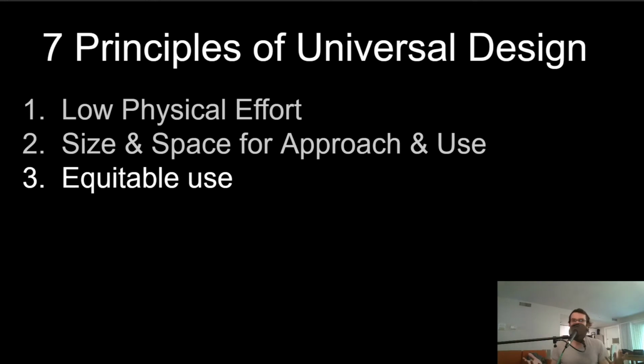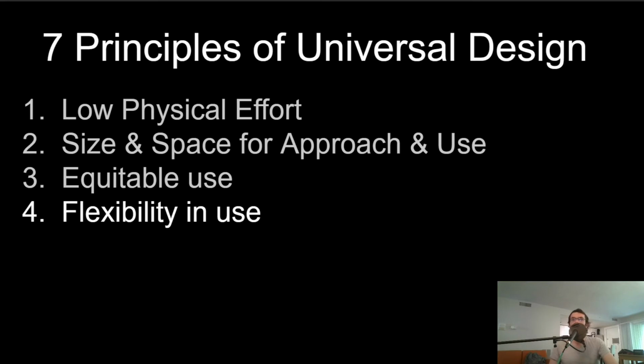Third is equitable use, which just means that people of different needs are accommodated while using the thing, that everyone is not potentially given the exact same thing, they're given the thing that they need. Again, this is equitable versus equal.